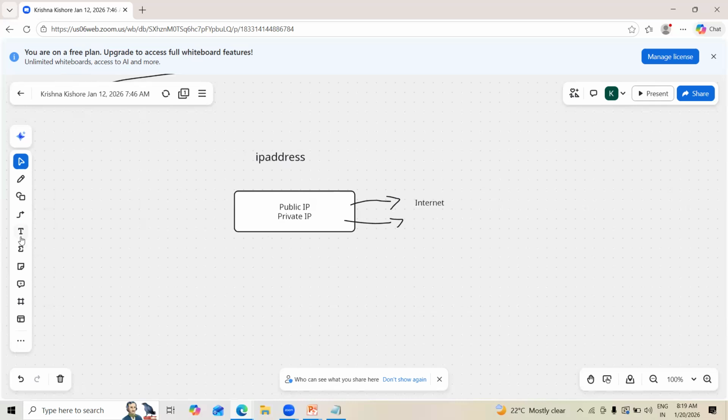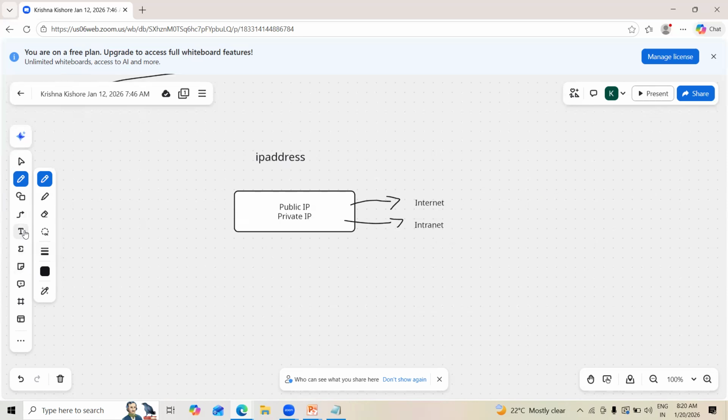A private IP is for the intranet. What is the difference between internet and intranet? Internet means we can access it through the internet. Intranet means only particular office networks, so we have limitations with the intranet. So we use a private IP within the network.